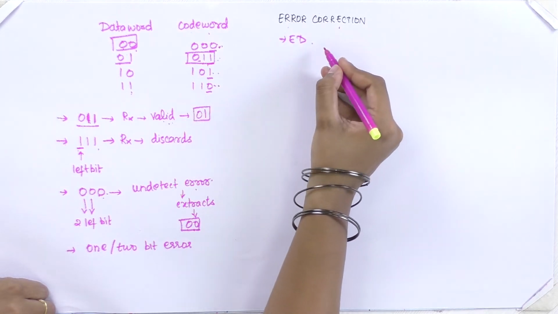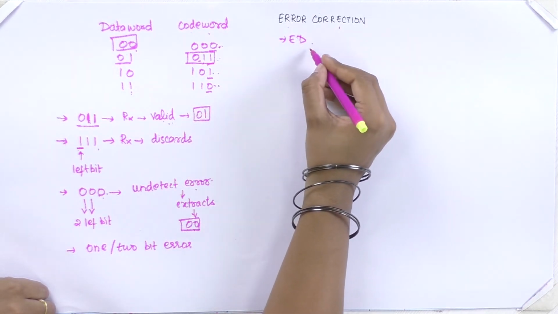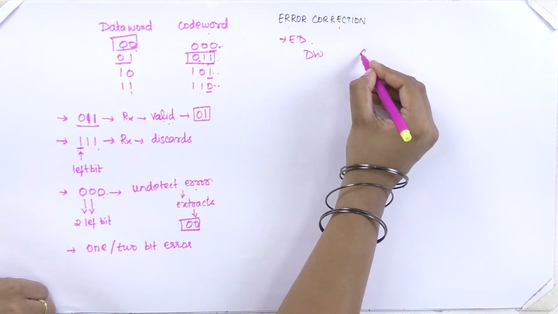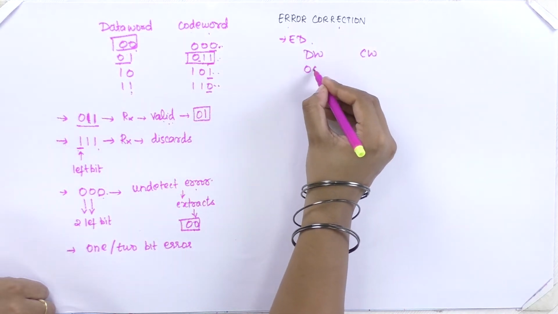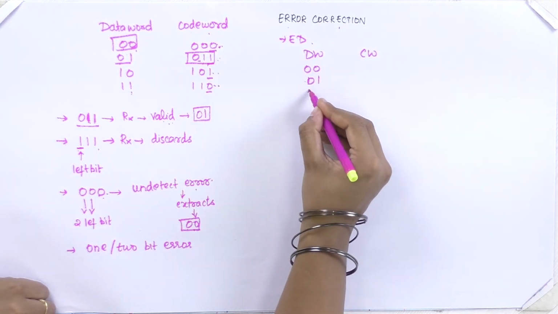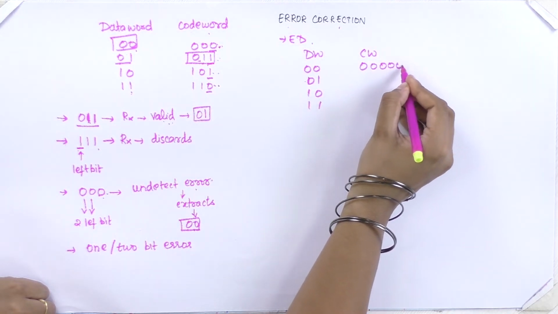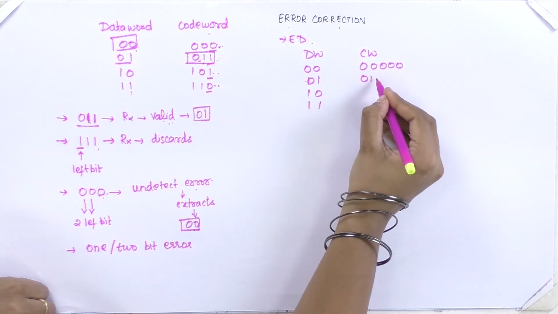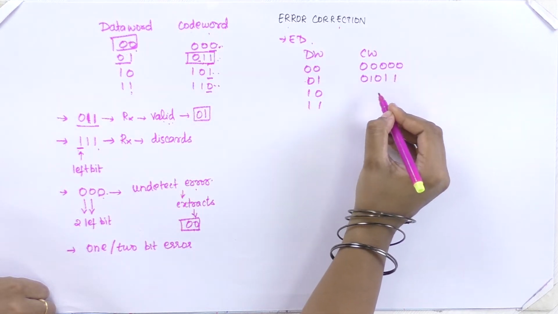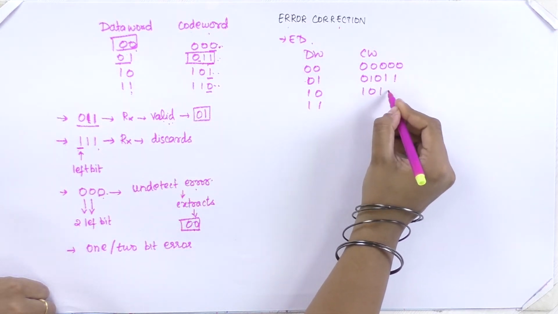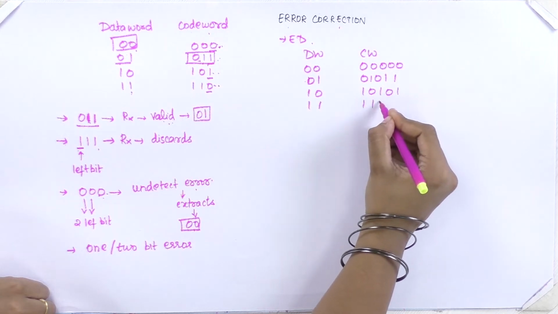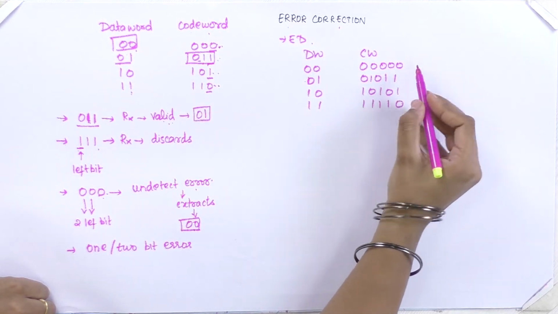So let us look into the example. I will give some data words and code words.